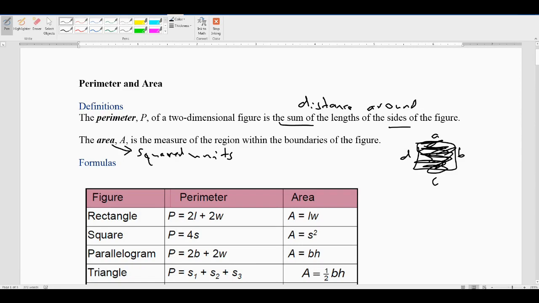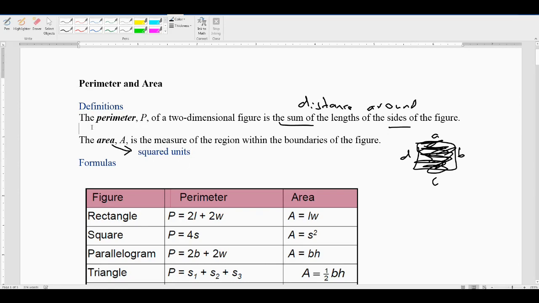Squared units. That is just horrible handwriting, so I'm going to rewrite it. I could type it. Squared units.